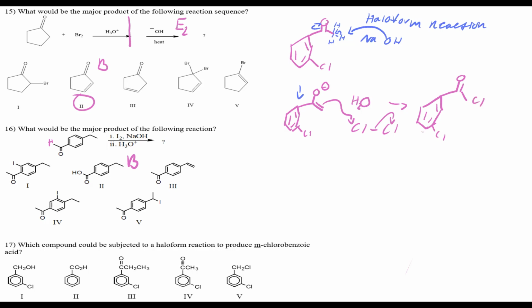And now we have a chlorine. Okay? So that happens, but we can do it again and again and again. We can actually do it 2 more times because we have 2 more hydrogens, okay?